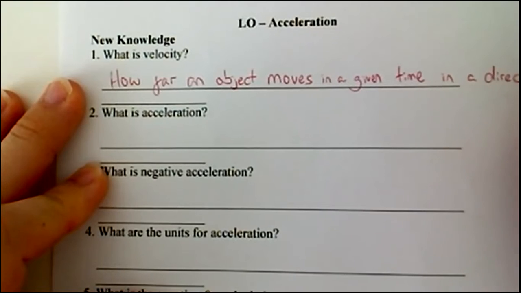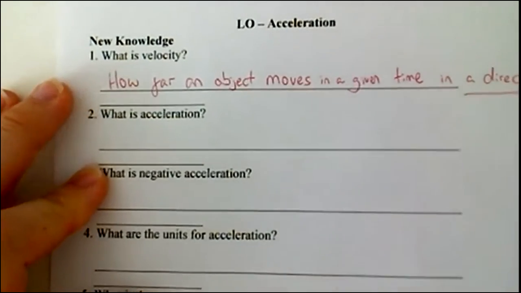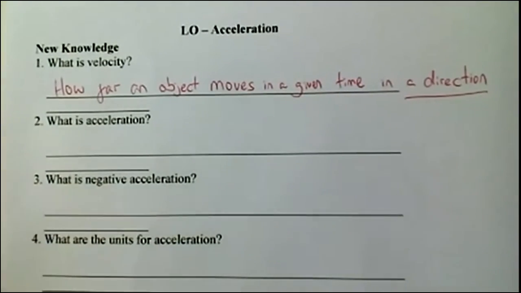So the only difference between speed and velocity is that velocity has a direction, and that is the key thing here. And why that's important is when you look at acceleration in a minute, you'll see why if we need to learn about that.